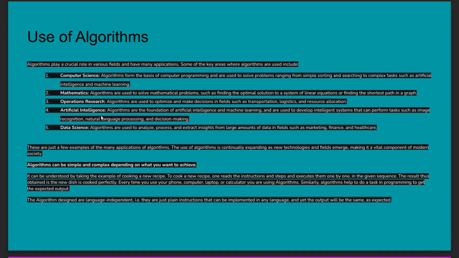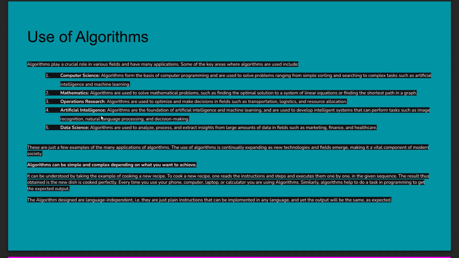So algorithms have many uses in computer science, mathematics, operations research, artificial intelligence, and data science. These are the uses of algorithms, and also some examples of the many applications of algorithms. The use of algorithms is continually expanding as new technologies and fields emerge, and this algorithm is becoming an important component of modern society.